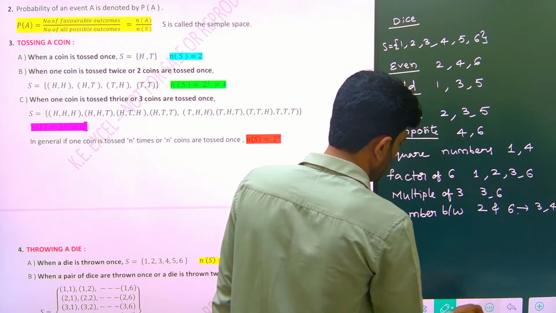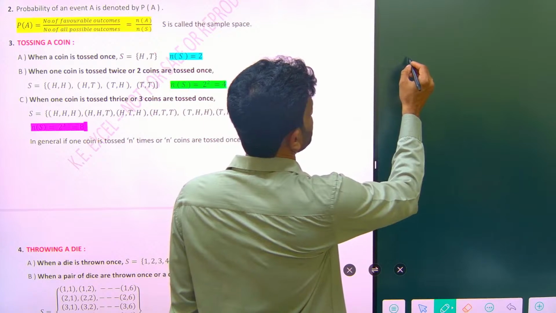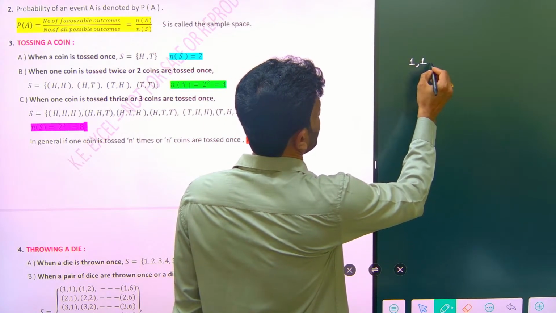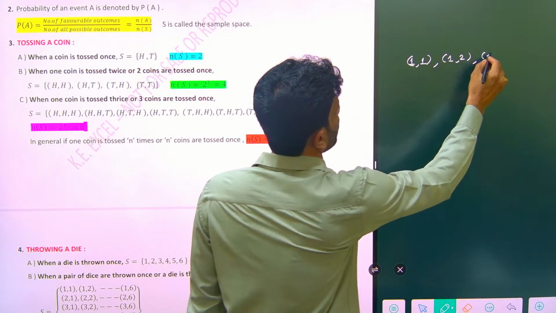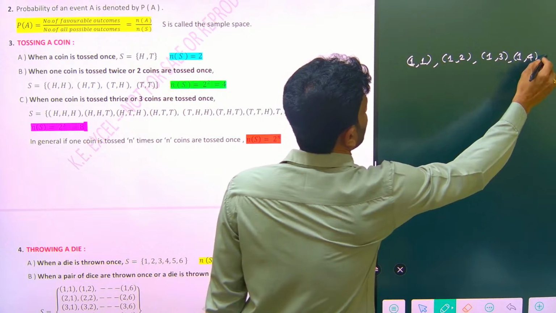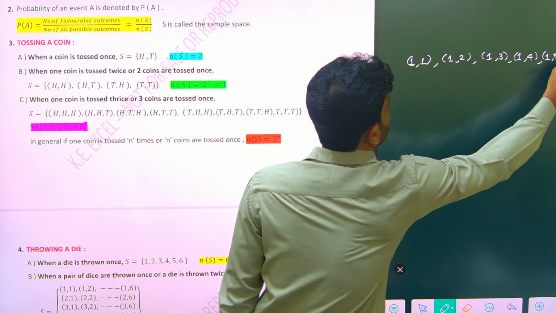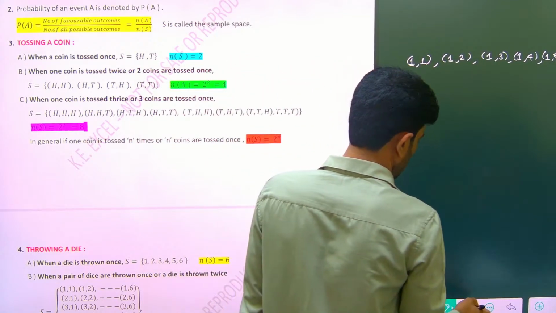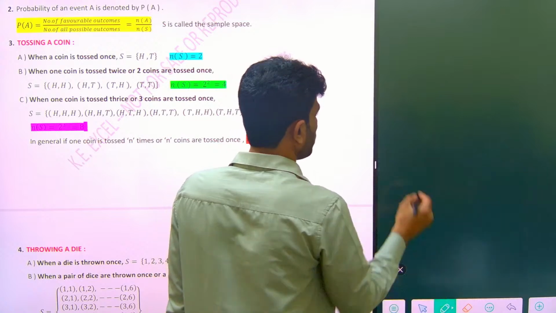Next one, 2 dice. How to write the 2 dice sample space? Remember, total there will be 36. Let us write in brackets like this.